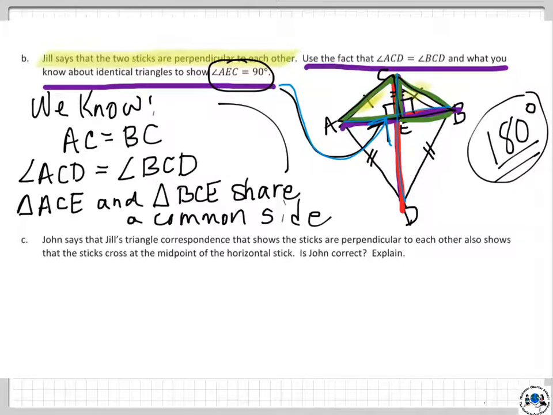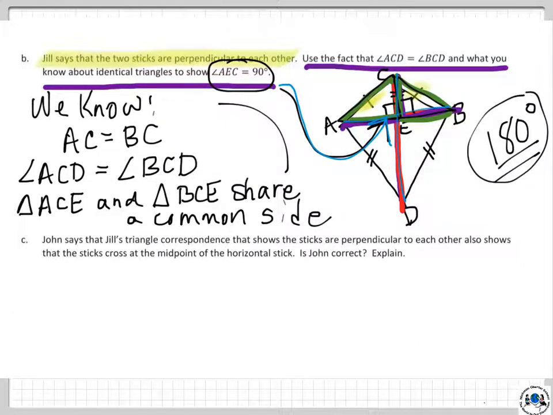Well, I'm not sure if it's the perpendicular sticks that do this. Maybe it does, but since we've established that triangle ACE and triangle BCE are adjacent to each other, we know that AE equals BE, right here.